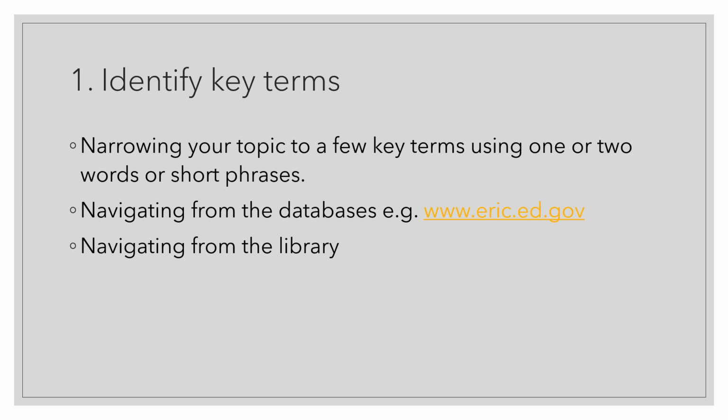and then you can navigate the information from the databases taken from the website of ERIC, www.eric.ed.gov. You can search that one because there is so much information written there. You can take any useful information there. And then you can navigate from the library.